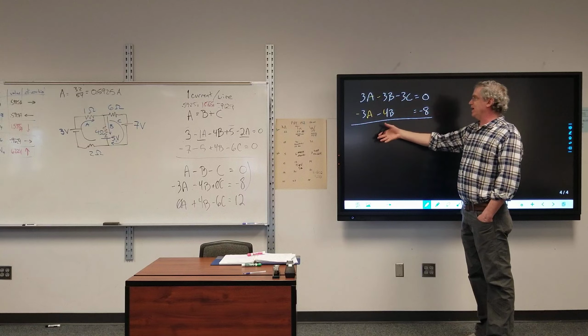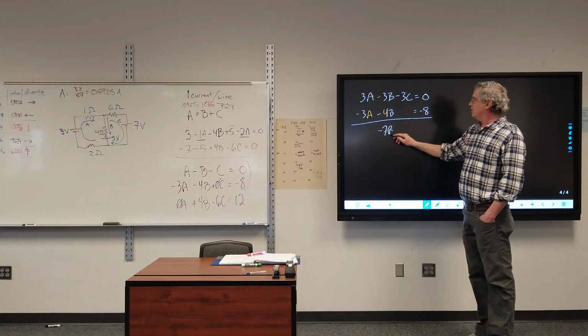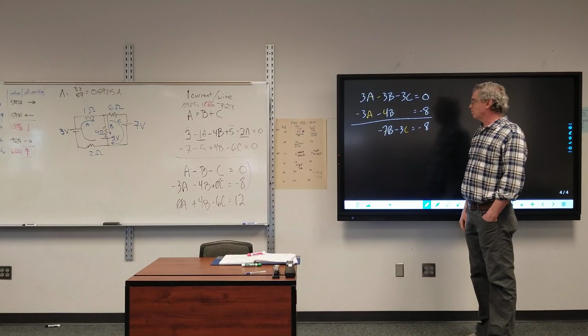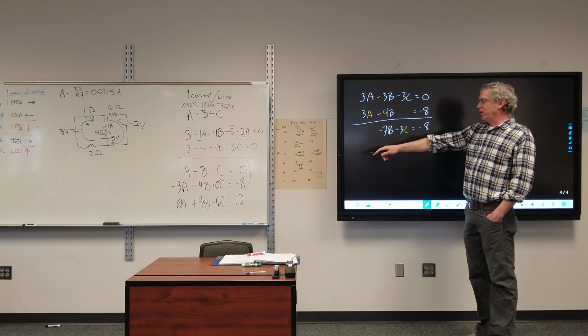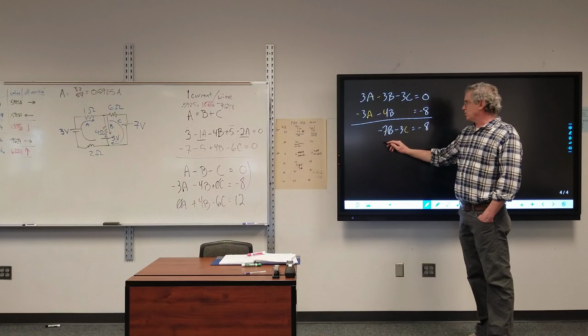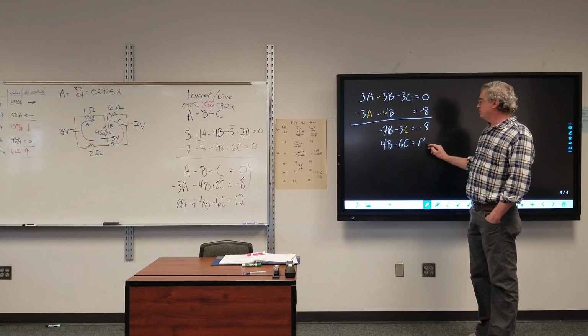If I add the left-hand sides, the a's drop out, and I'm left with negative 7b minus 3c equals negative 8. I now have that other equation, the third equation, and I'm just going to rewrite it: 4b minus 6c equals 12.